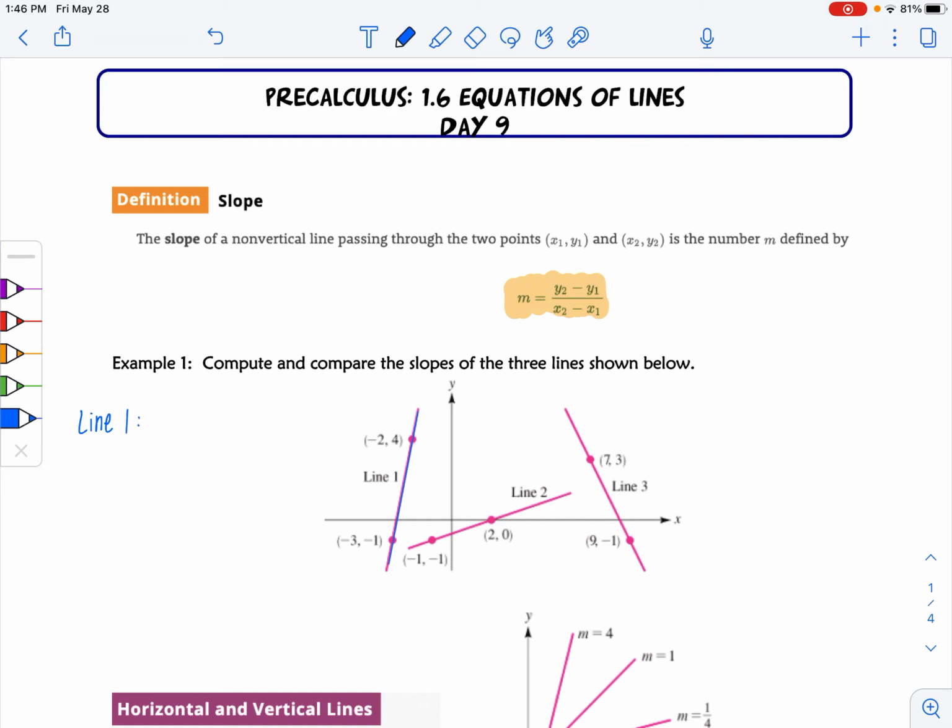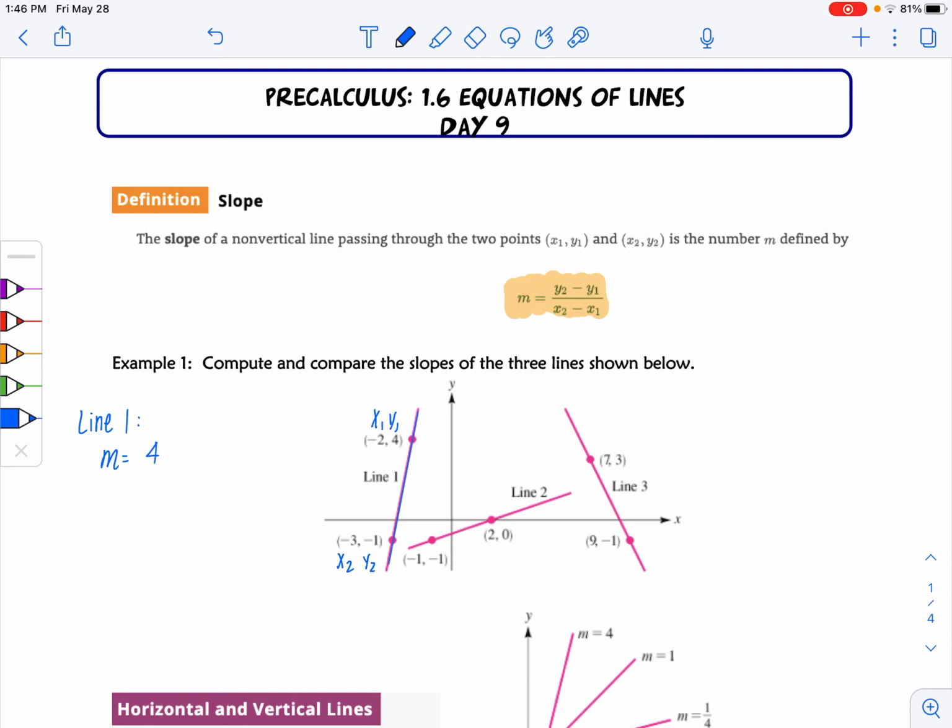Let's find the slope. Looking at my points, this will be my x1, y1 for no reason. This is x2, y2, again for no reason. So my slope is going to be y1 or y2, it actually doesn't matter the order.